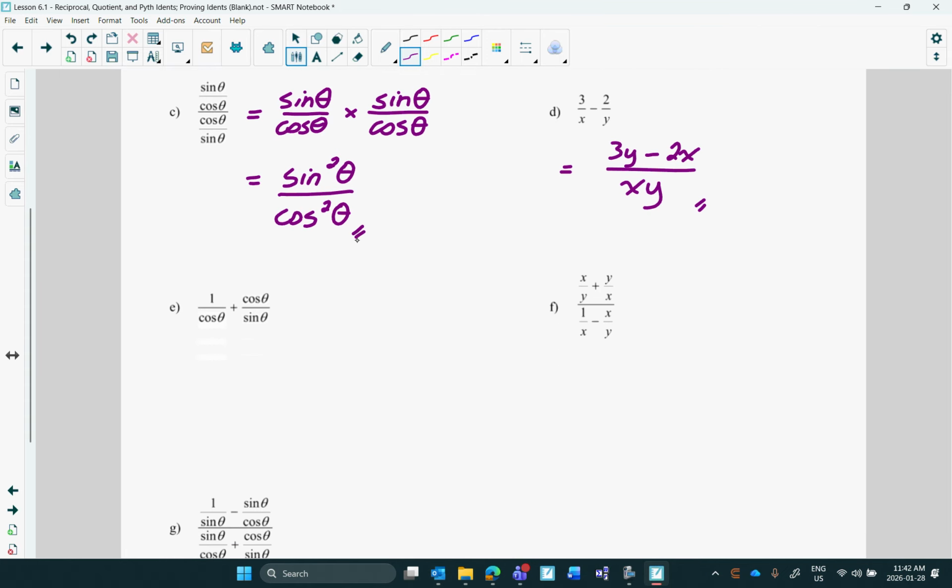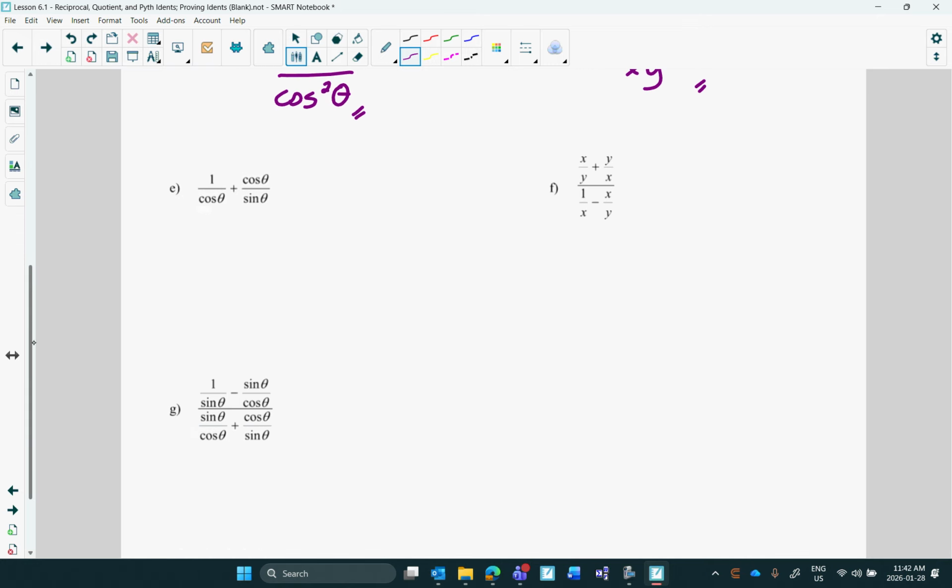What if instead of variables, we throw in trig expressions? Still the same. What's the lowest common denominator of cos theta and sine theta? Cos theta times sine theta. Just multiply them together. What do I have to multiply this one by to get this denominator? Right, so really I'm just doing sine theta times sine theta.